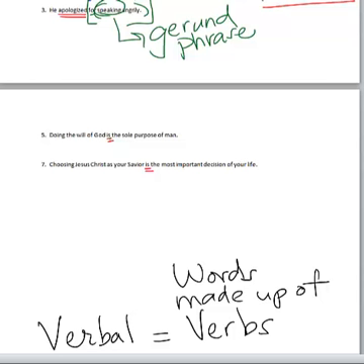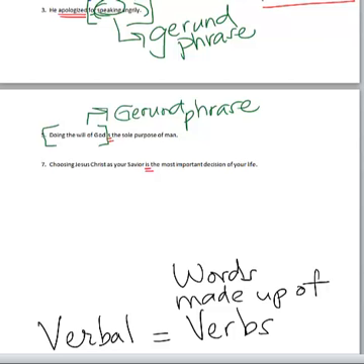Okay, doing the will of God is the sole purpose of man. I agree. Okay, so this whole section here, doing the will of God, is a gerund phrase. Okay, it's acting as the subject of the sentence.